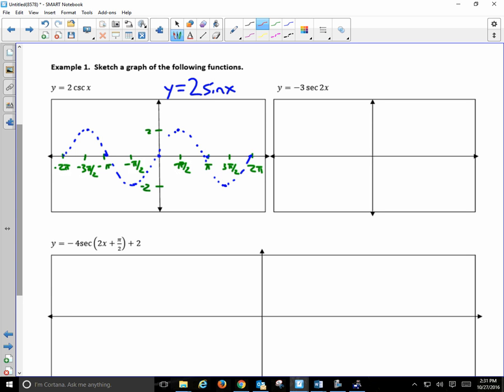Is that the graph of 2 cosecant? No, it's not the graph of 2 cosecant. What do I have to draw yet? Every time I cross a 0, I got to draw my vertical asymptotes.